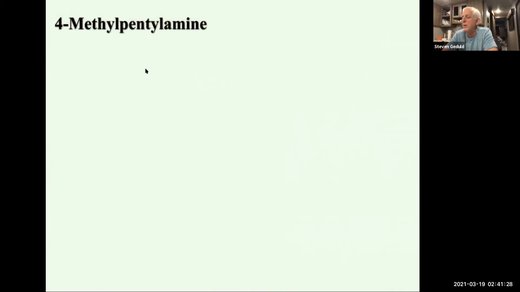4-methyl pentyl amine. Okay. So again, working backwards, as we always do in organic chemistry. There's an amine and it's pentylamine. This is a common name. So pentyl is 5 carbons. There are your 5 carbons. And at number 4, there's a methyl group. So 4-methyl pentyl amine.